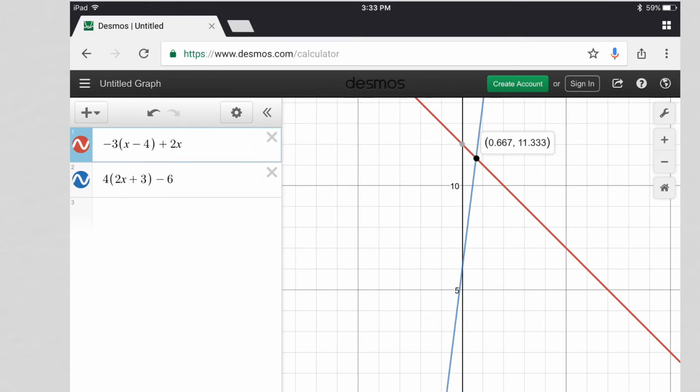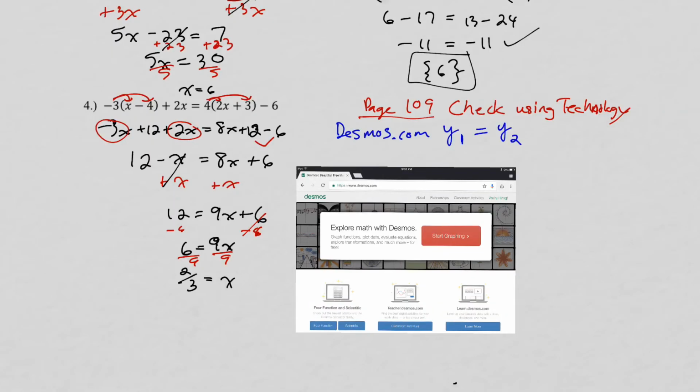So our answer is going to be 2/3, exactly what we just found right here, because the decimal format of that is 6 repeating.